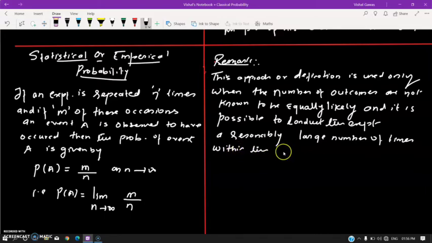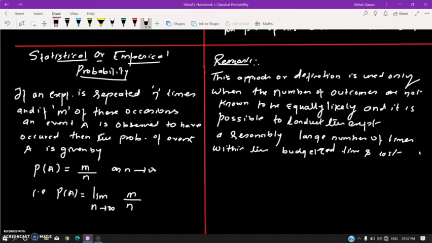That is, within the budgeted time and cost. So what happens in empirical probability is you can carry out the experiment however large a number of times as possible.